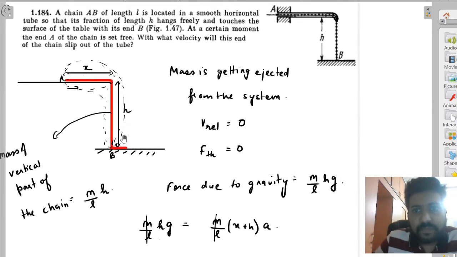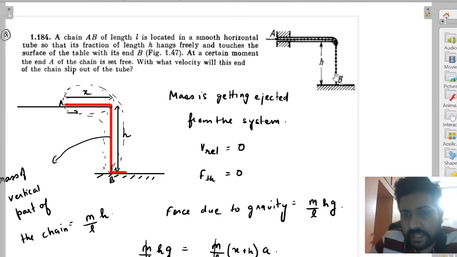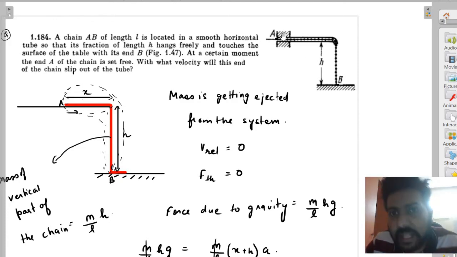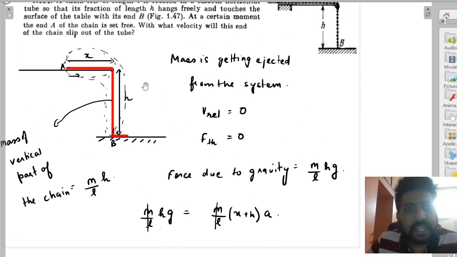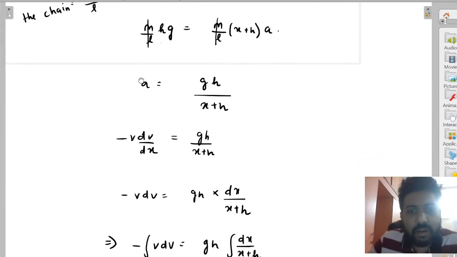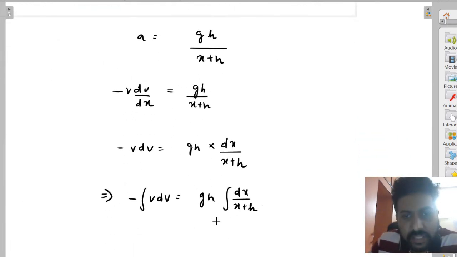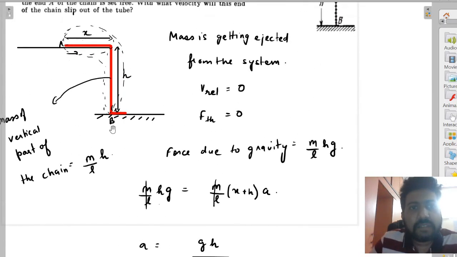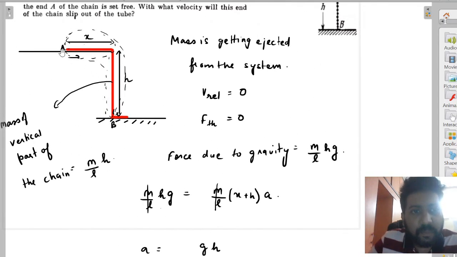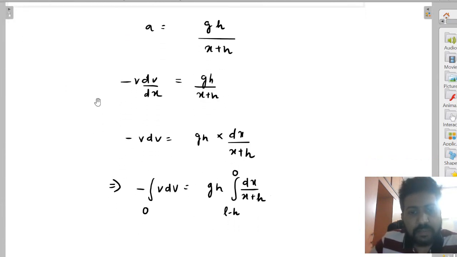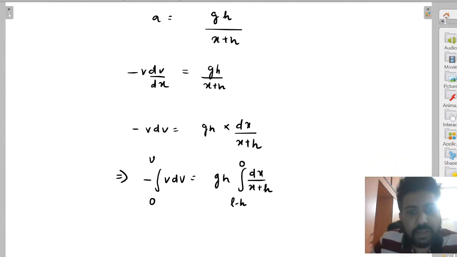The total length is L, so this horizontal length is L - h. Because x is the horizontal length, when it is L - h, the velocity is 0. When the horizontal length is 0, because we are asked the velocity of point A when it reaches here, we need to find the velocity.